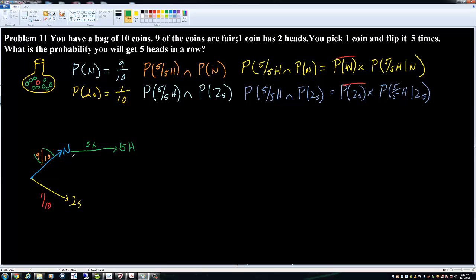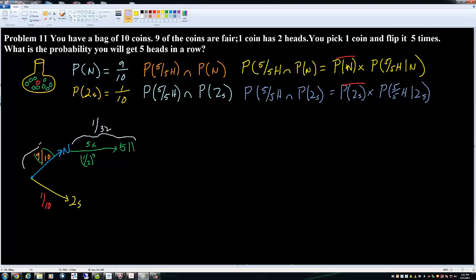Well, we know from the lecture that it's 1/2 times 1/2 times 1/2 times 1/2 times 1/2, or it's 1/2 to the 5th. So this part of the probability is 1 out of 32.